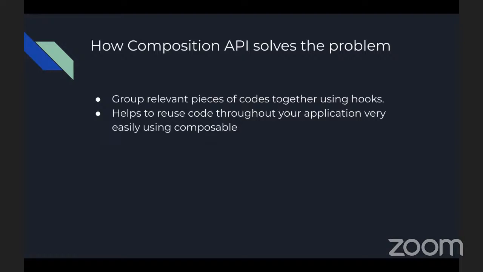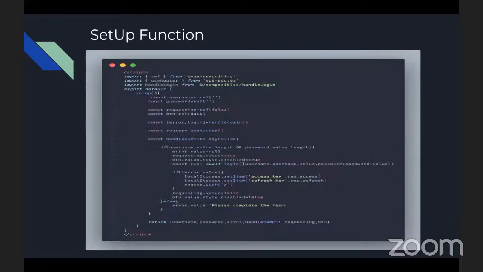The second one is that it allows us to reuse our code throughout our application very easily. The way you do that is by a process called composables. You create composables that you can use in different parts of your code. Okay, so this is how the options API looks.